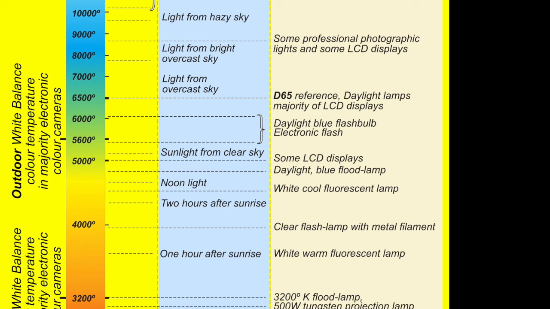Between 4000 and 5000 Kelvin degrees, we've got natural 2 hours after sunrise color temperature. Noon light is just below 5000 Kelvin degrees. And the man-made side in this color range would be white cool fluorescent lamps, for example. They could be around 4600 Kelvin degrees.